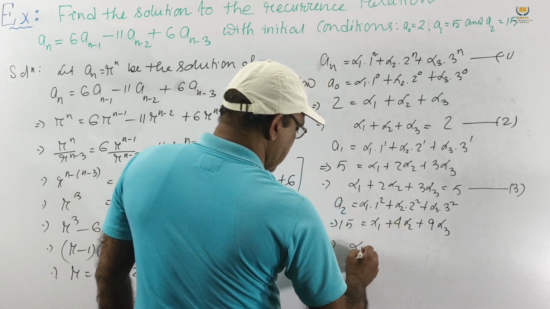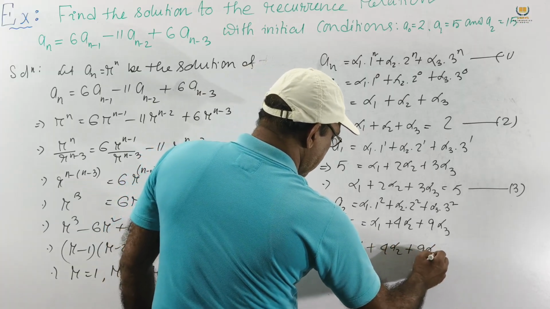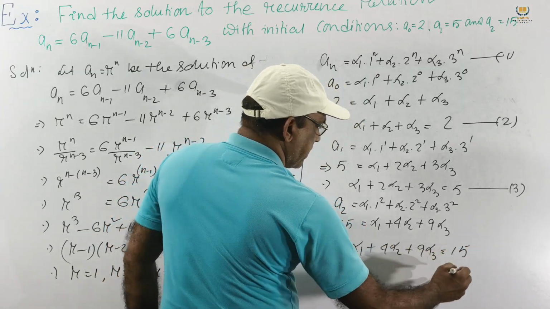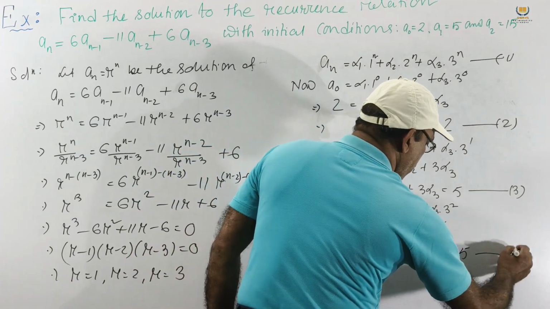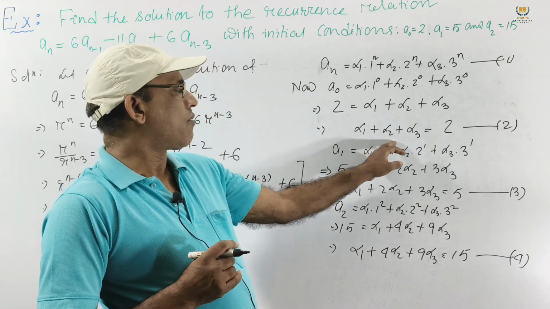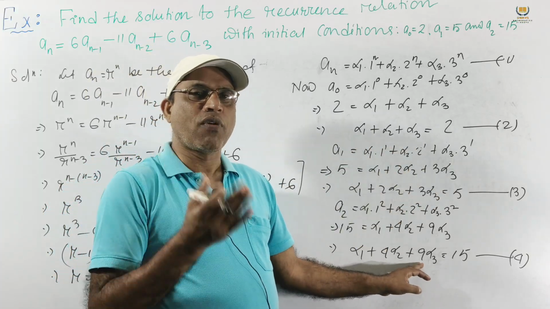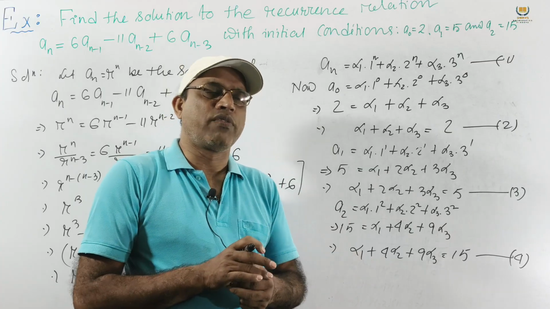This implies alpha 1 plus 4 alpha 2 plus 9 alpha 3 equal to 15. This is number 4 we get. Now we have 3 variables, alpha 1, alpha 2, alpha 3. Now we remove one variable and convert to 2 variables.